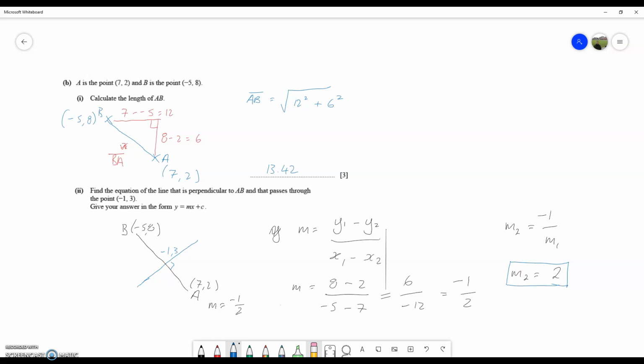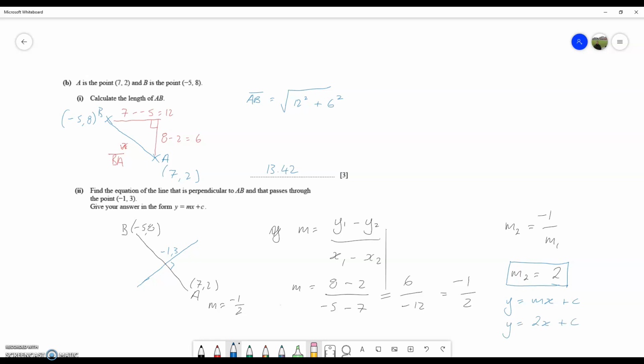So now that we know what the gradient of the new line is, we can use the general rule, which is y is equal to mx plus c. Okay, we know that the gradient now is 2, so y is equal to 2x plus c.